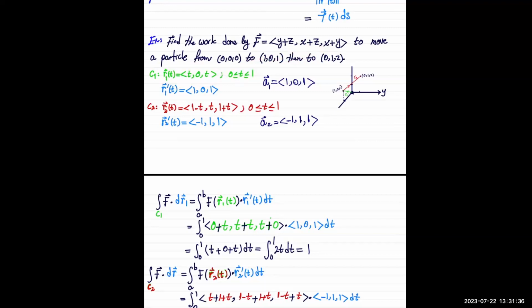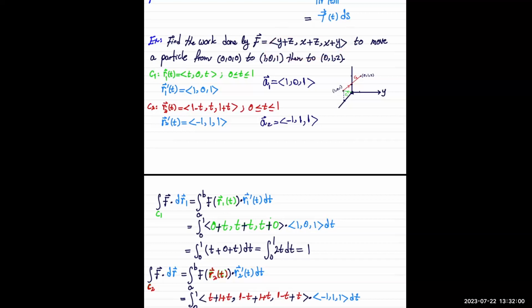Meaning that every x gets replaced with t, every y gets replaced with 0, and every z gets replaced with t. So copy the vector field down with that replacement.